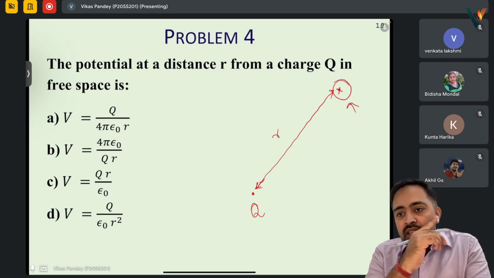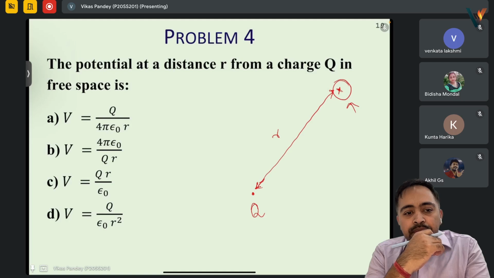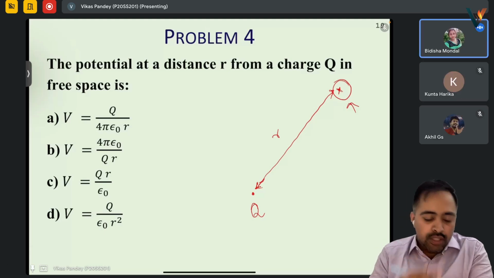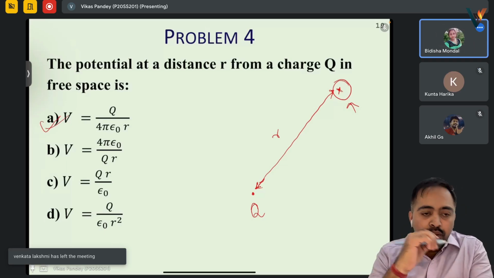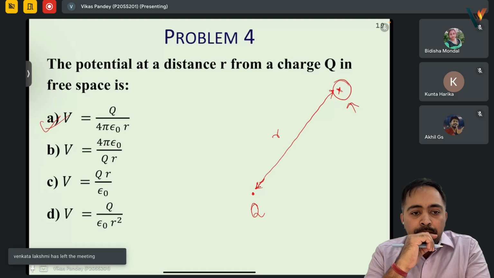Potential simply means its effect or its strength to pull a charge. So anyone? Option A, maybe. Okay. Yes, anyone else?